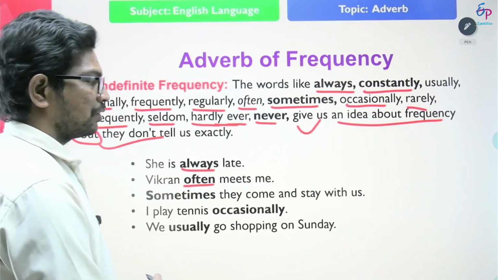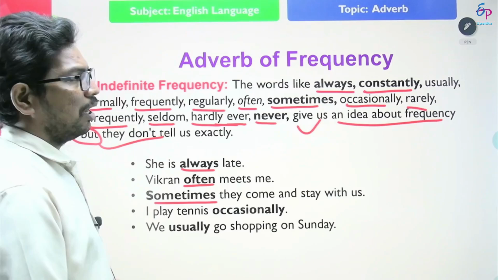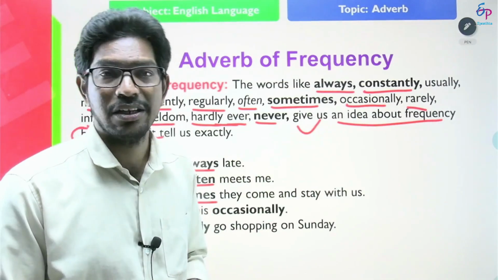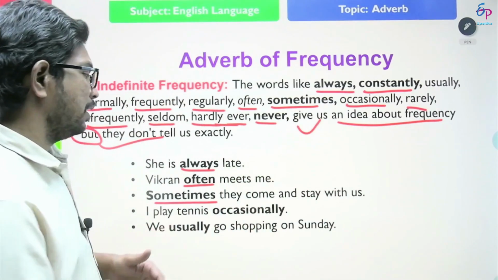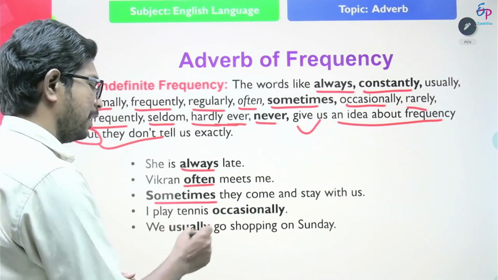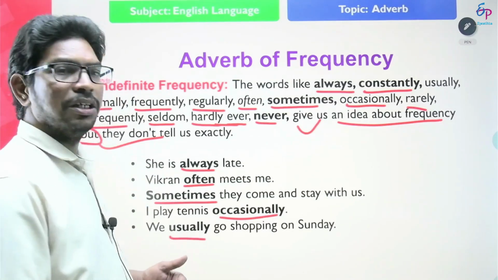Sometimes they come and stay with us. Here the word sometimes is showing how many times the action occurs. So it gives us an idea about frequency. I play tennis occasionally. We usually go shopping on Sunday.